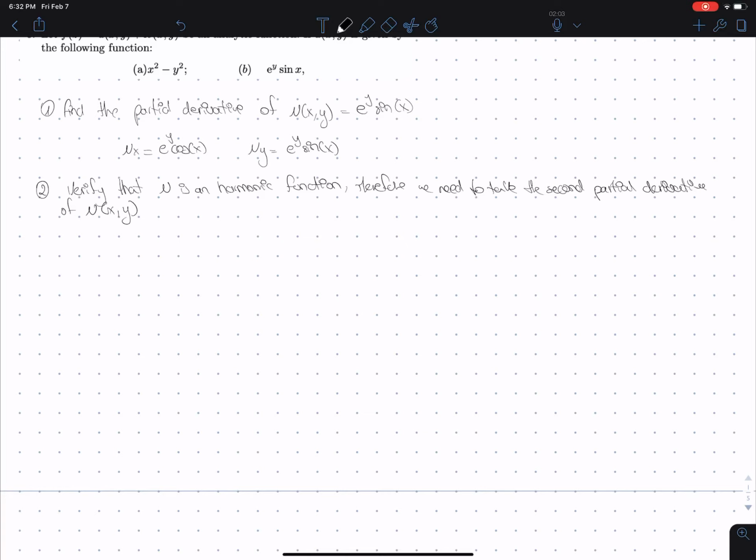So let's see. The second partial derivative of u in terms of x is going to be equal to negative e to the y sine of x, and the second partial derivative of u in terms of y is going to be equal to e to the y cosine of x.